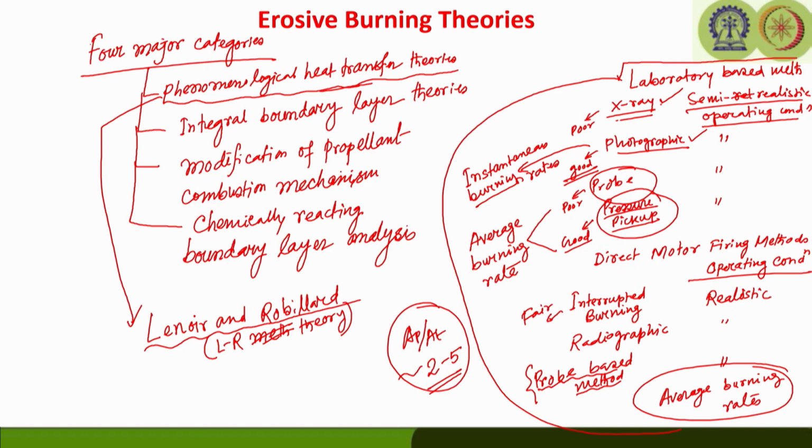Okay. So, let us look at the major features of these theories. Mainly two mechanisms were proposed here, from the primary burning zone, which is independent of the gas velocity and is only a function of pressure.